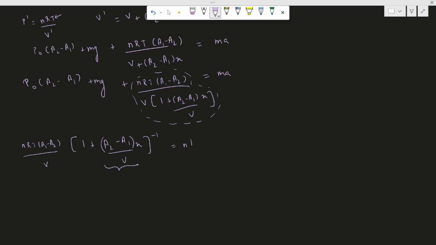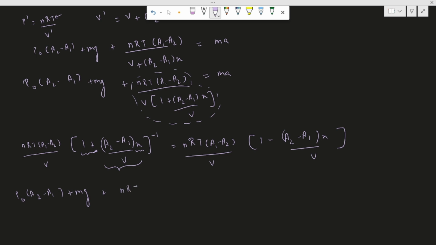When this quantity is much smaller than 1, and obviously this quantity is much smaller than 1 because x is very small, so from binomial approximation I can bring this minus here. So 1 minus (A2 minus A1) x by V. Now the equation of dynamics will be P naught (A2 minus A1) plus mg plus nRT (A1 minus A2) by V.